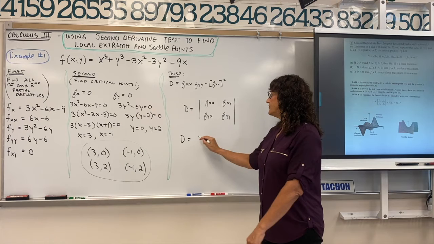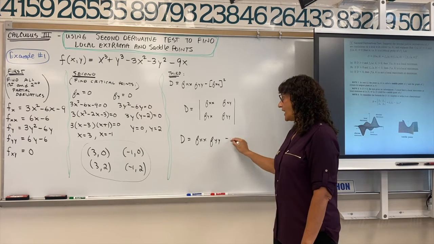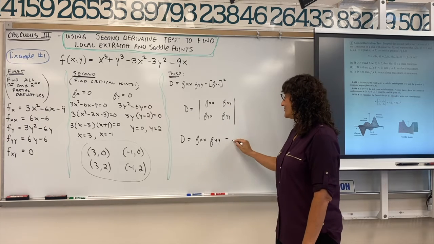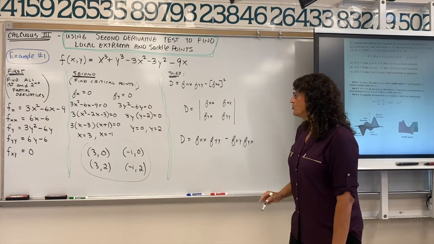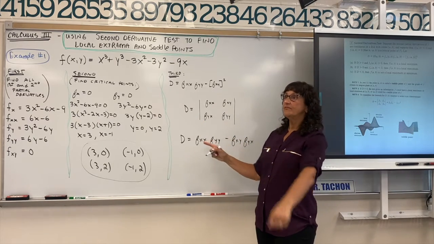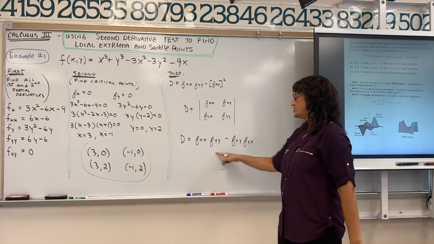So fxx times the second partial with respect to y, minus this times this, so partial x then y, y then x, all right? So if you take the determinant of the second partials, this times this minus this times this, we generate this equation.